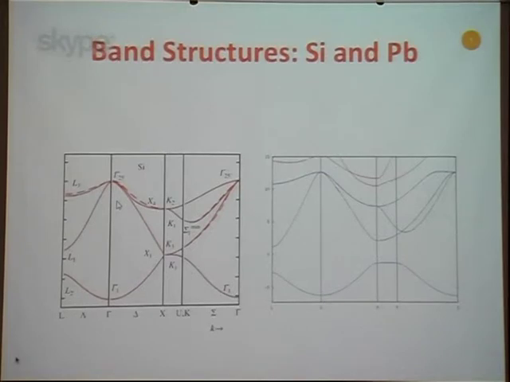In 3 dimensions, things become more complex, or at least they look more complex. These are the valence bands for silicon, say, on the left. Silicon has 2 atoms per unit cell. It's an FCC lattice with a basis of 2 atoms. There are 4 valence electrons per atom, so there are 8 valence electrons per unit cell.